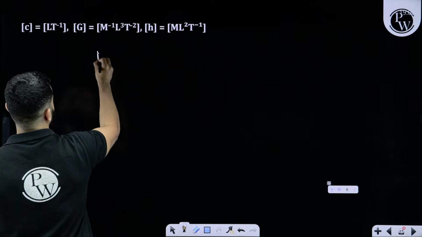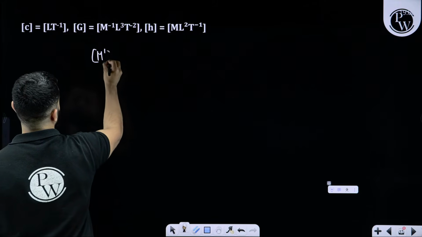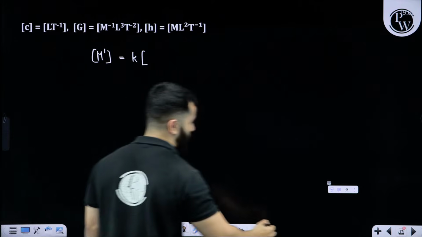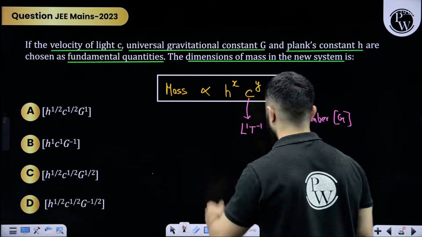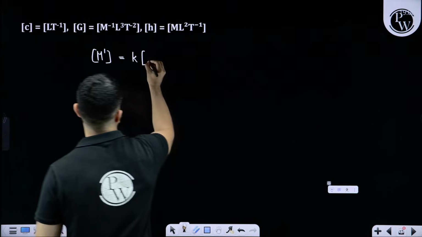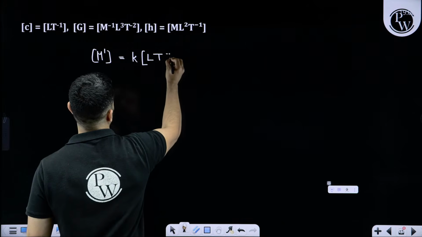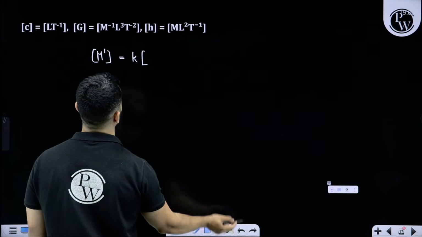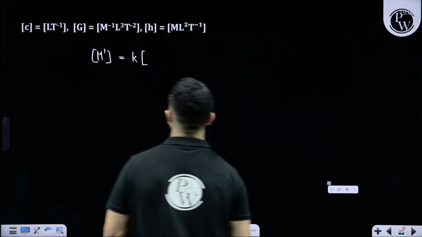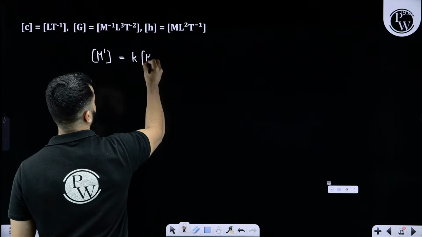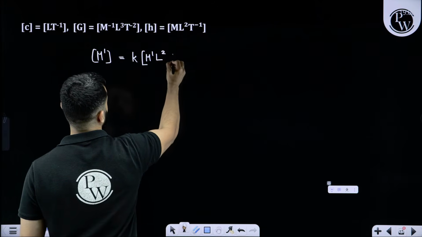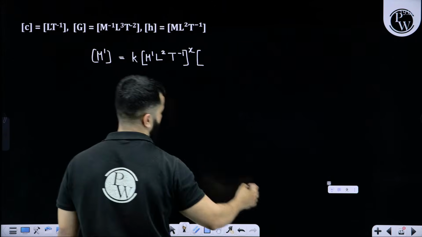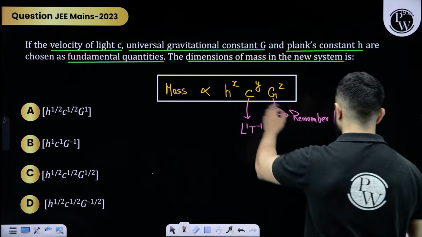So mass m1 is equal to some constant k. Then I believe first we have got Planck's constant, h. So Planck's constant is m1 L2 t minus 1, the whole raised to the power x, and then you have got c and then g.